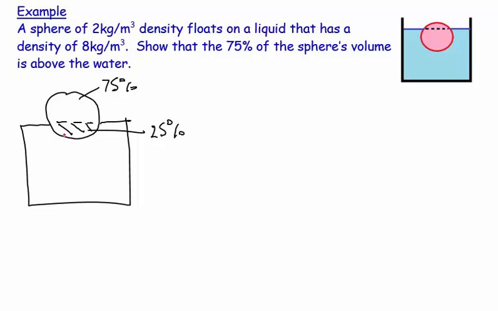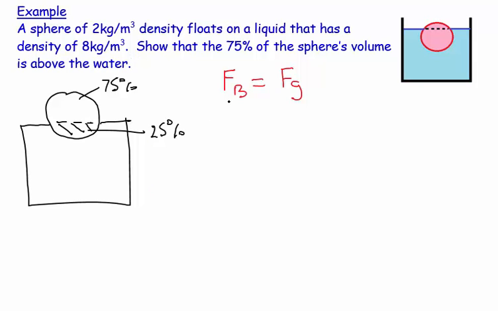What we know about floating objects when they float on the surface is that they are in equilibrium, and therefore their buoyant force must be equal and opposite to the weight of the object. So I can say the buoyant force is equal to the weight of the object.